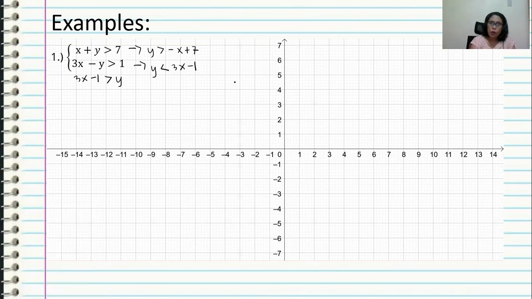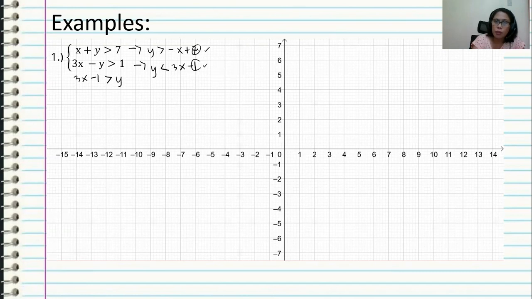Now, what we're going to do is consider each inequality as if it is an equation, and we will begin with plotting or identifying the y-intercept of each inequality.